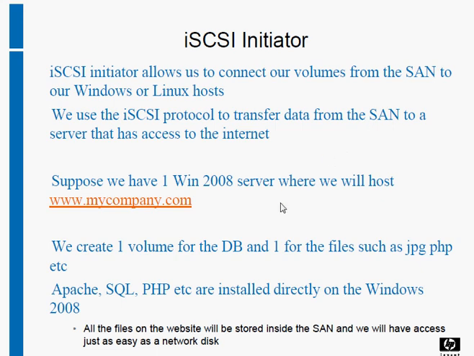Now let's say we have a Windows 2008 server that we want to host mycompany.com. We can create one volume for the database and one volume for the different files such as the JPEG, PHP, etc. So in this case scenario, we should install all the services like Apache, SQL, PHP directly here on our Windows 2008 server, and all the data like the database and the different files, we're going to be serving those files from the SAN, which is where we need the data replication and the high availability.